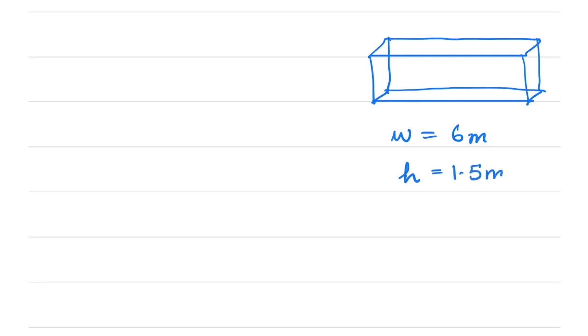may look like this, like a cuboid. Width is equal to 6 meter and depth or height we can say is 1.5 meter, and it is flowing with speed is equal to 10 kilometer per hour.